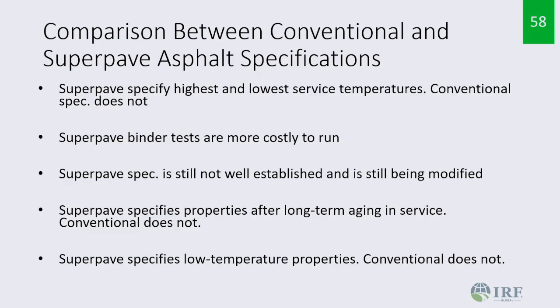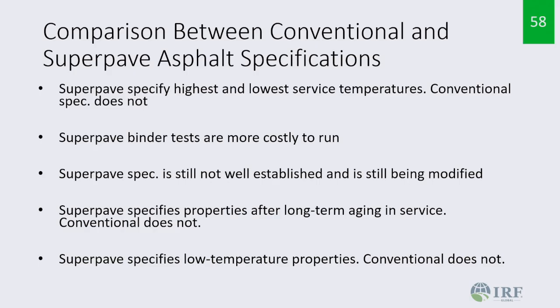But the binder test, you do a lot of tests on your binder. Remember, we looked at it: you basically do the conventional, then you do the rolling thin oven test, that's the short term aging, then the long term, the PAV test.